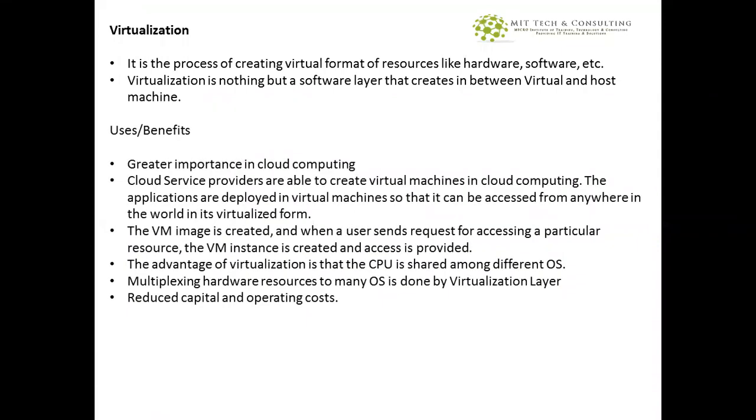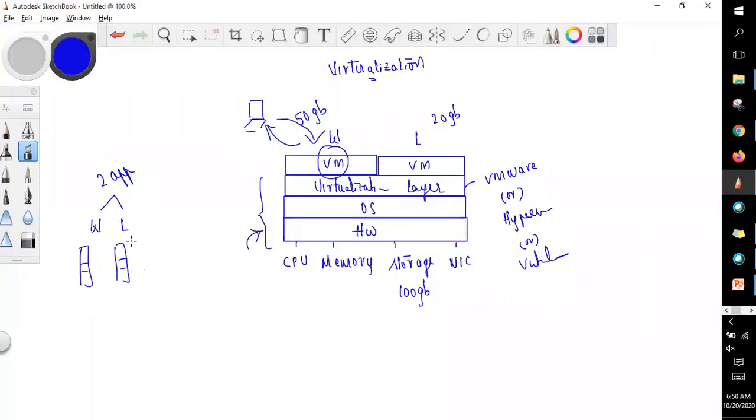As said, according to the requirement, AWS will create an image and give access to the customer, so that we can spin up a virtual machine. The advantage of virtualization is that the CPU is shared among different operating systems, which reduces the capital and operational cost. So instead of having two servers and managing two in terms of power, networking, security, and all those things, you can get only one and manage it.